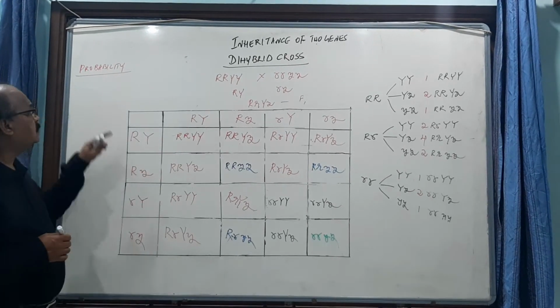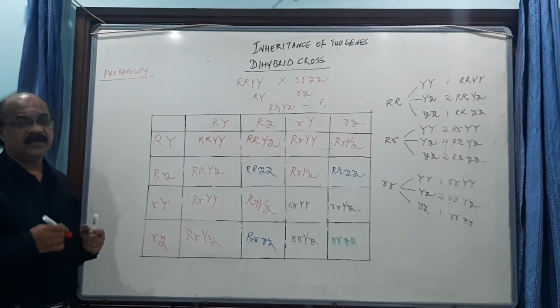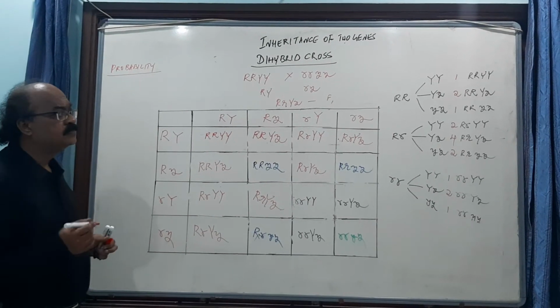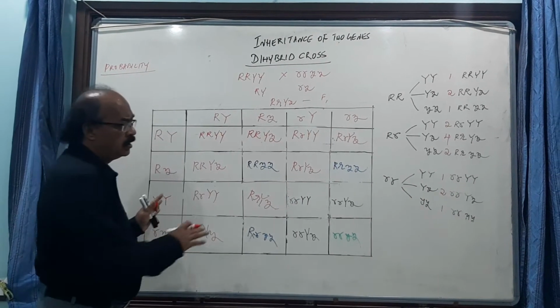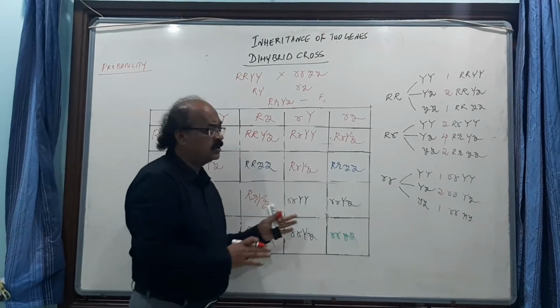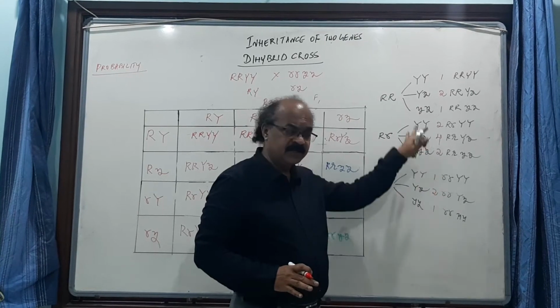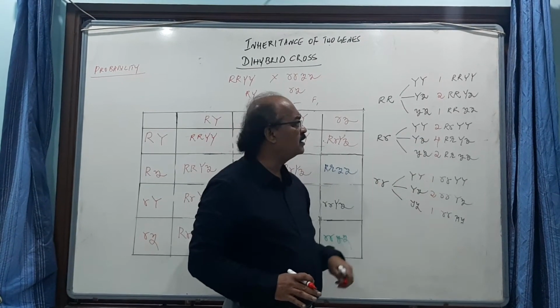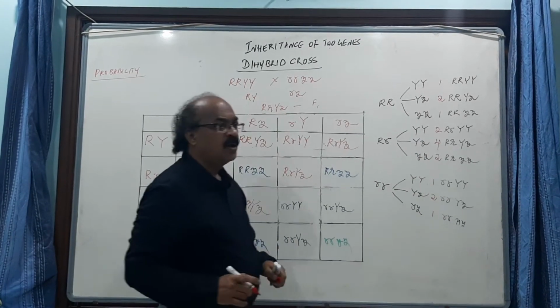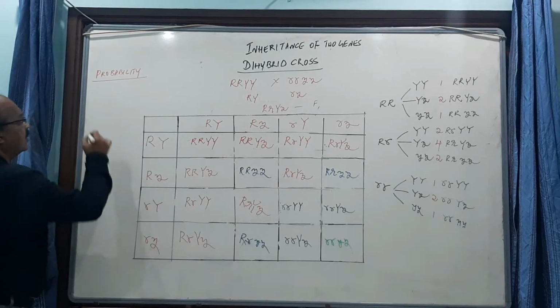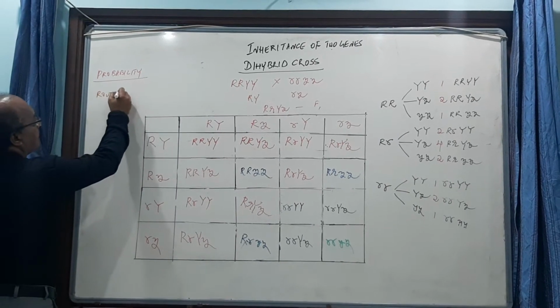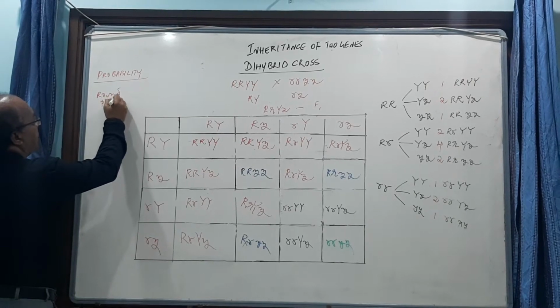Probability. In a dihybrid cross, let us see the probability. I told you already, it is better to remember like this. Very easy to remember, very easy to recollect. Now, what is the probability of getting round plants?